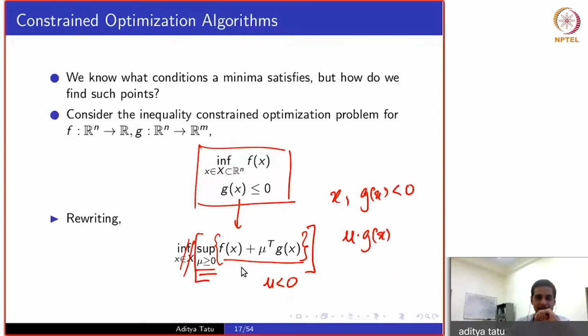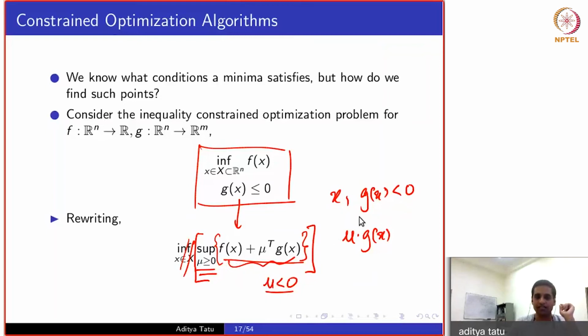It will be negative. So mu, of course, that is what I'm giving you, the freedom to choose negative mu's, and now I ask you to maximize this function over mu's where mu is allowed to be negative. The maximum value would be f(x) where mu is 0? No, why? Because I can take a very large negative mu, right?